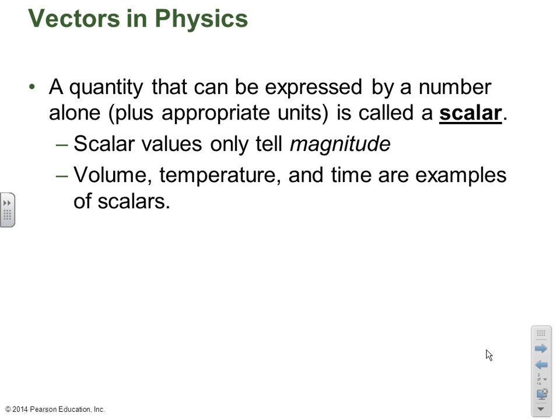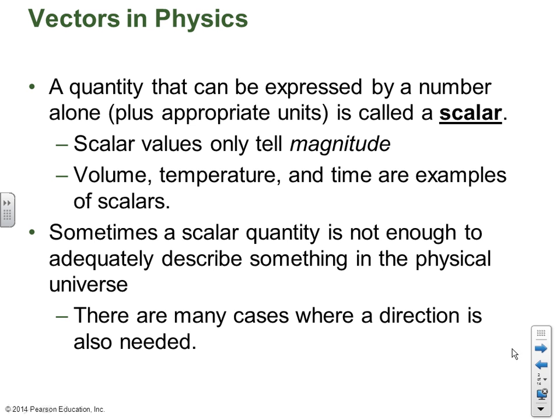There's a difference between traveling 10 meters per second one way and then traveling 10 meters per second in the other way. We have to distinguish that somehow. And acceleration, there's a difference between a positive 2 meters per second acceleration and a negative 2 meters per second acceleration. So sometimes scalar quantities aren't enough to accurately describe what's going on in a physical situation. Sometimes we need more. And that more is the whole direction idea.